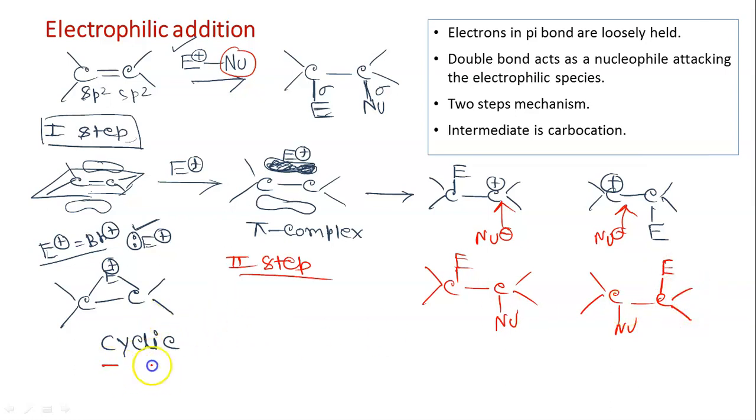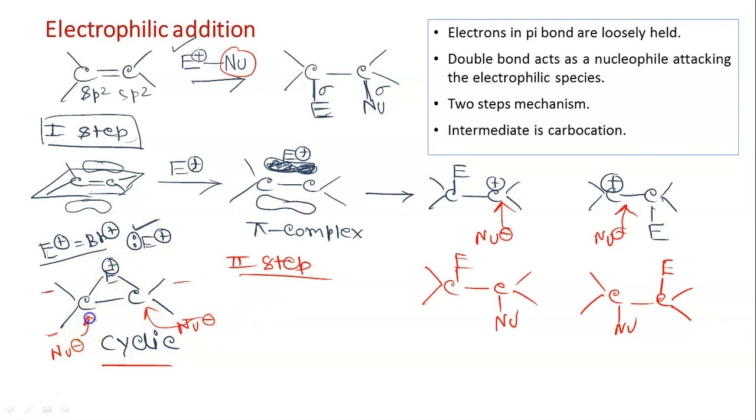And if you consider this cyclic intermediate, then the nucleophile can approach either of these carbons. Again, it depends on what type of groups are attached here. As I am doing the general mechanism here, we cannot say which carbocation, or positive charge on which carbon, will be more stable, but both are possible.